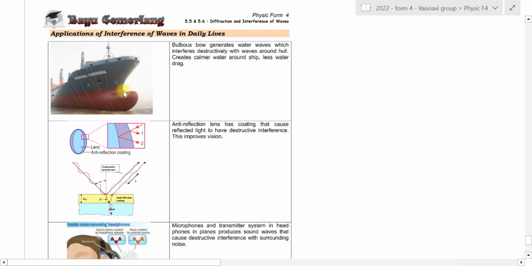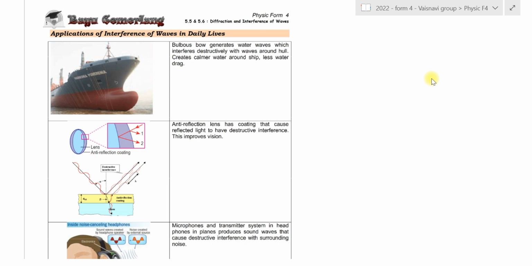Okay, jadi yang bahagian bawah tu itu kita panggil apa ni, bulbous bow ni, okay, dia akan hasilkan, it try to make destructive interference. Kalau destructive maksudnya normal water wave dia ada, yang ni dia cuba make destructive interference. Maksudnya dia punya ombak tak tinggi, water dia tenang, lepas tu rintangan air pun dia kurang. Ni contoh dia. Contoh, we apply the destructive interference in the water wave.